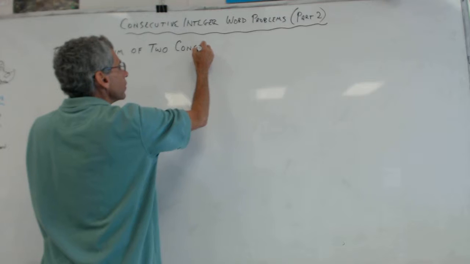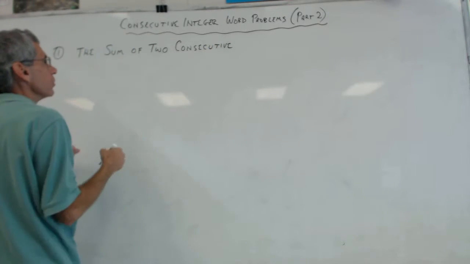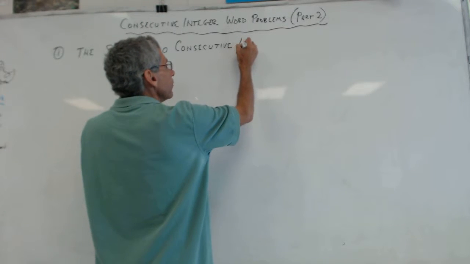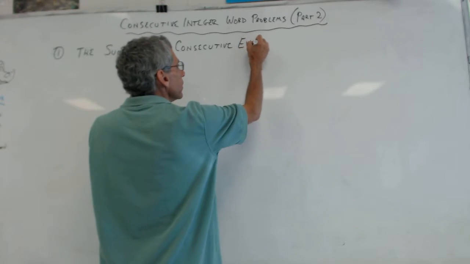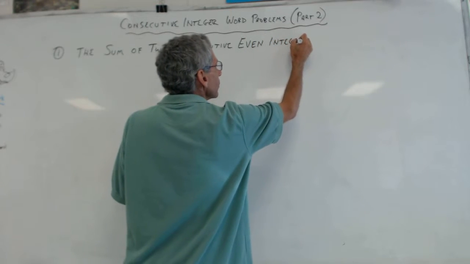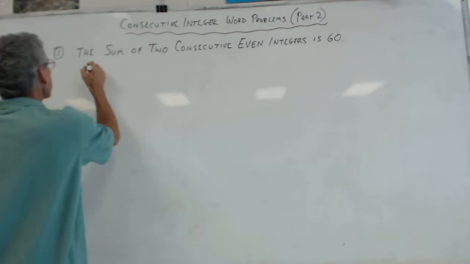The sum of 2 consecutive even integers is 60. Find the integers.